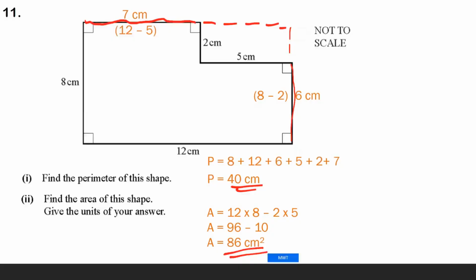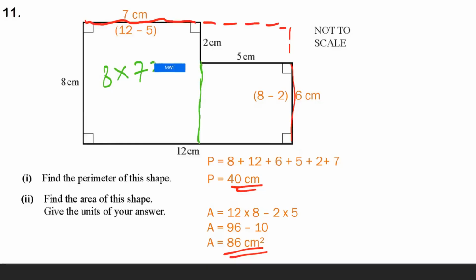Take note, you can also have alternative options to find the area of the shape. One, you can cut the shape into 2 distinct parts. For example, you cut along the side and you get the area of each section. So this section, for example, the area is 8 times 7.